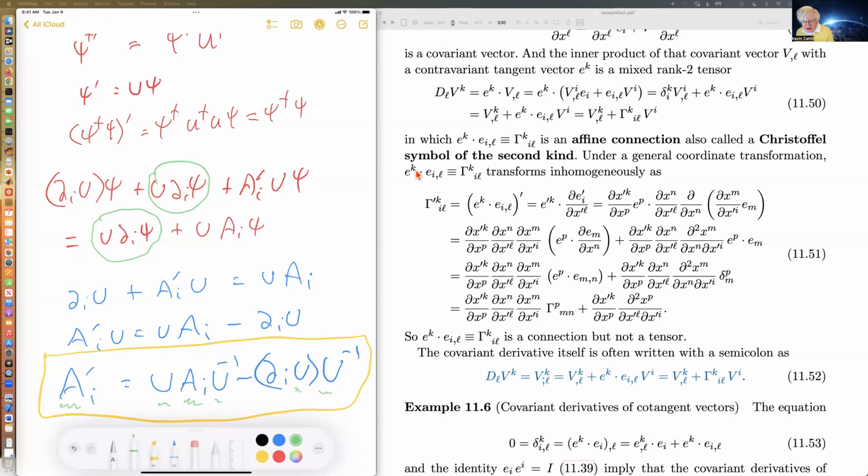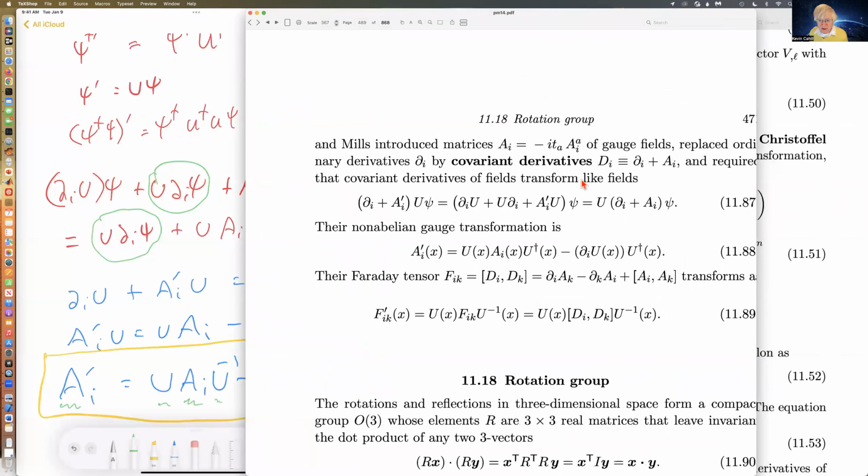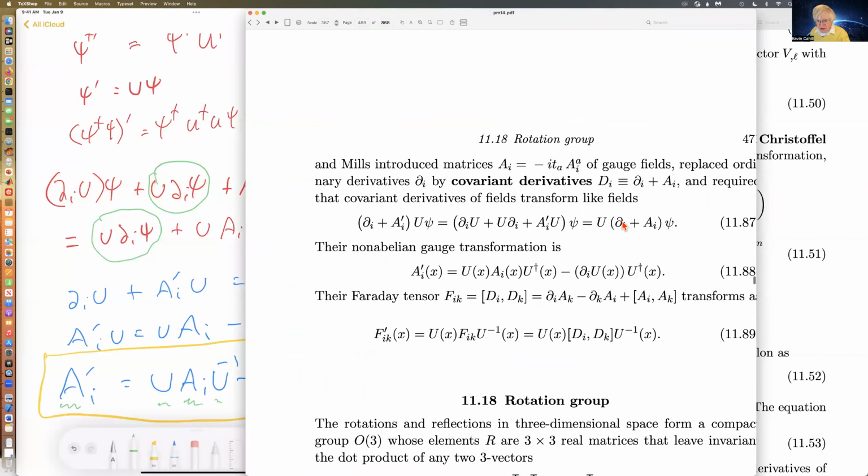In Yang-Mills theory, we want derivatives to transform in a nice way. In other words, we want the derivative to transform like a covariant derivative. In other words, the covariant derivative on the transformed field should be the transformation acting on the covariant derivative, so that the covariant derivative transforms like the fields.